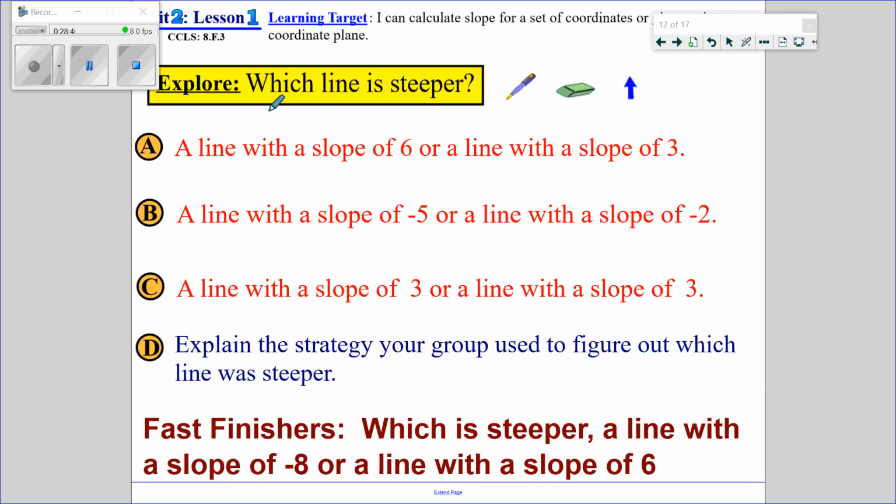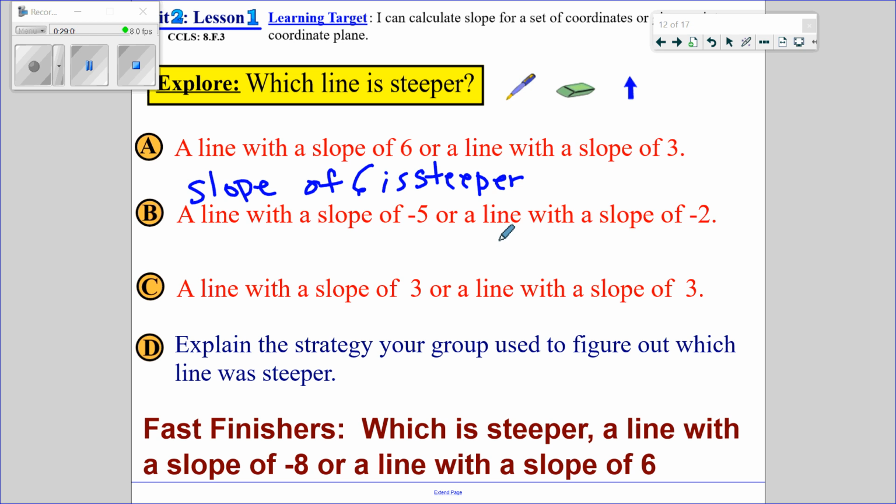Which is steeper, a line with a slope of 6 or a line with a slope of 3? 6 is larger than 3, so it's definitely the slope of 6, excuse me, is steeper. A slope of -5 or a line with the slope of -2.